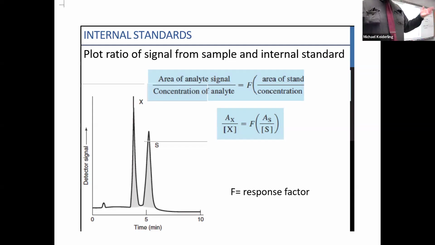You choose something that reacts very similarly to what you're looking for, but is different enough that you can see them. And that's not that hard in a lot of cases, because the response for various things is pretty similar in a lot of measurement techniques.